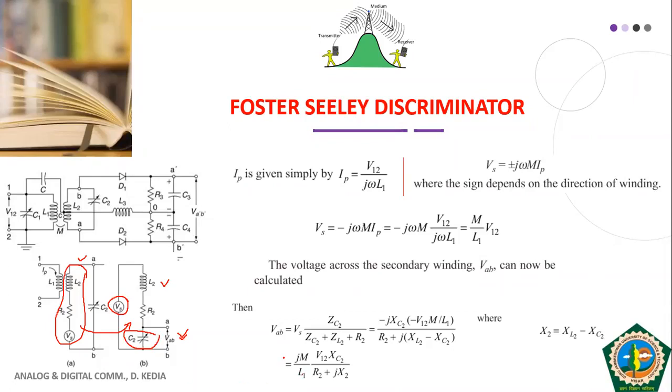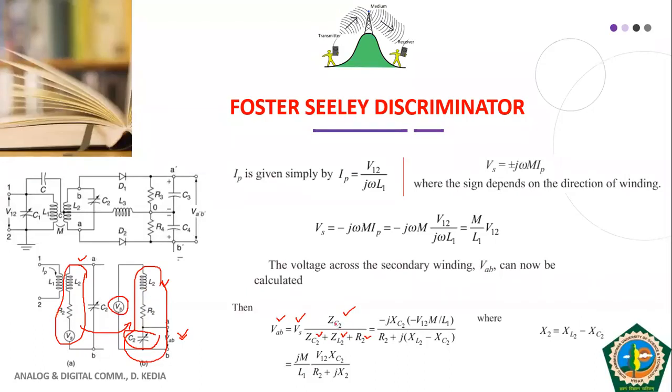So VAB, the voltage across C2, is equal to Vs divided across these three components of the circuit: the impedance of C2, ZC2, in the numerator, and since the three components are in series, in the denominator we have ZC2 plus ZL2 plus R2.